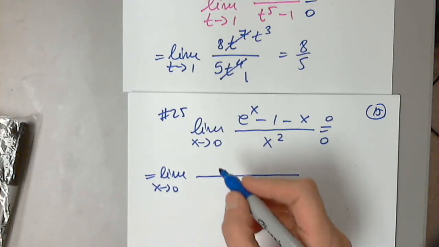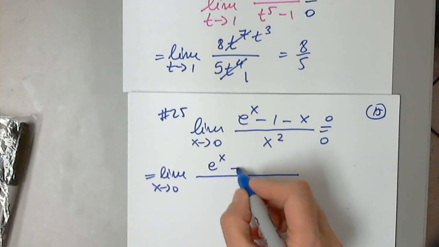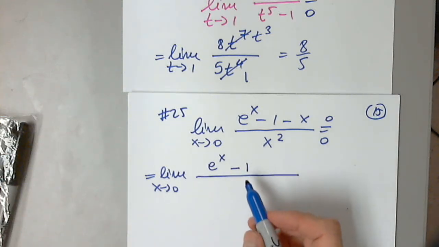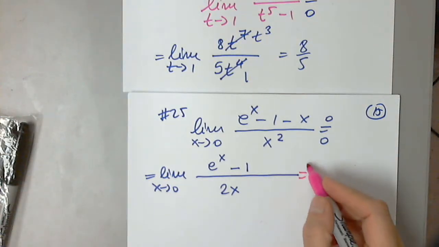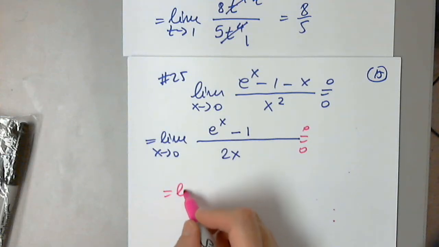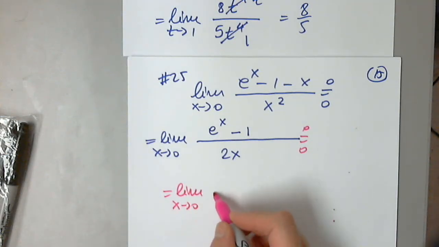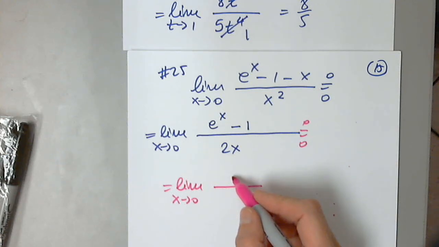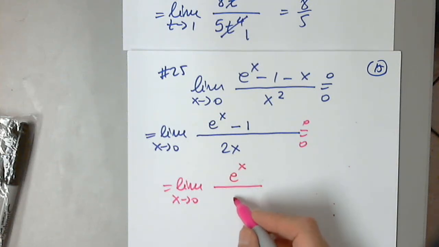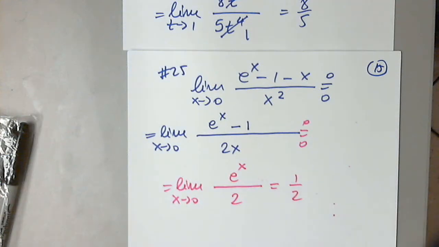So the top is e to the x minus 1 and the denominator is 2x. Okay, we try again. If it's still 0 over 0 or infinity over infinity, I can apply L'Hopital's rule again. It is 0 over 0 indeed. So then limit as x approaches 0, the top, e to the x, yes, divided by 2, so it's indeed 1/2. Very good.